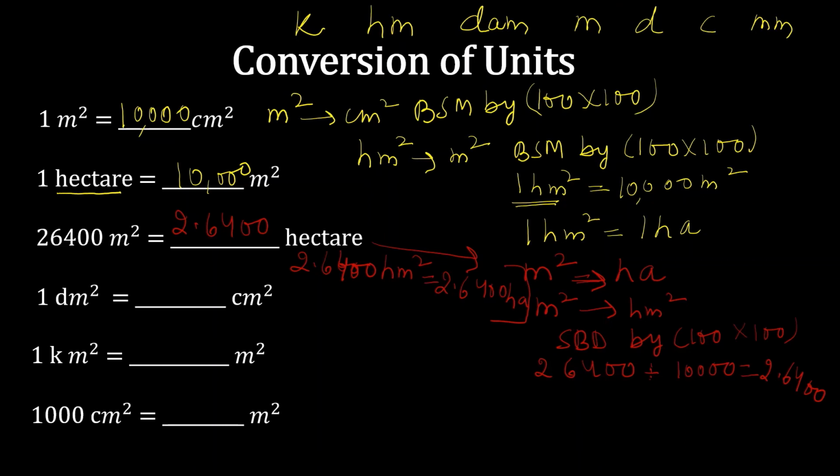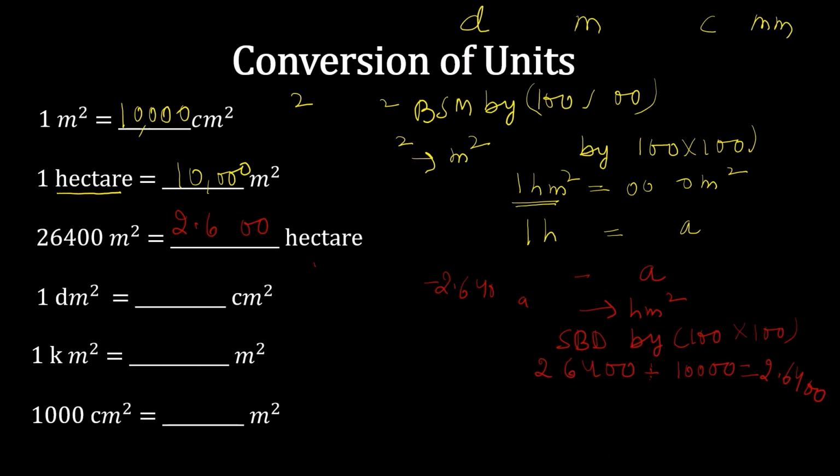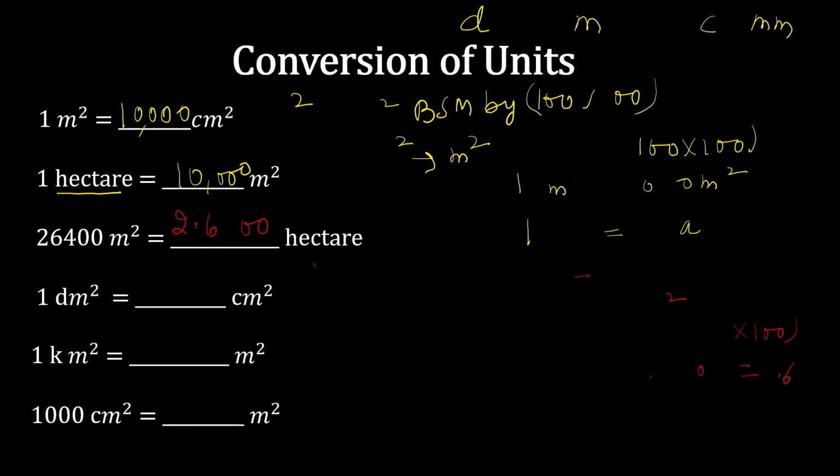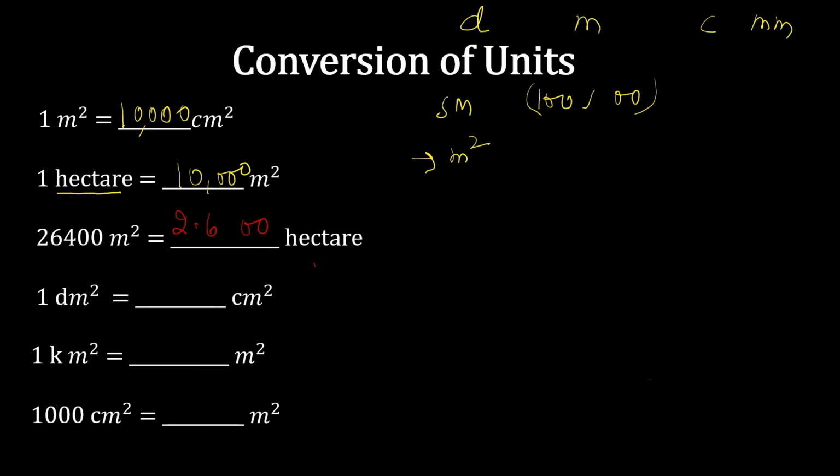Now next is 1 decimeter square to centimeter square. Now again you will see in the table decimeter square to centimeter square. So that means you have to convert from decimeter to centimeter. Now decimeter to centimeter is a case of big to small, right? Decimeter is a bigger unit and centimeter is a smaller unit.